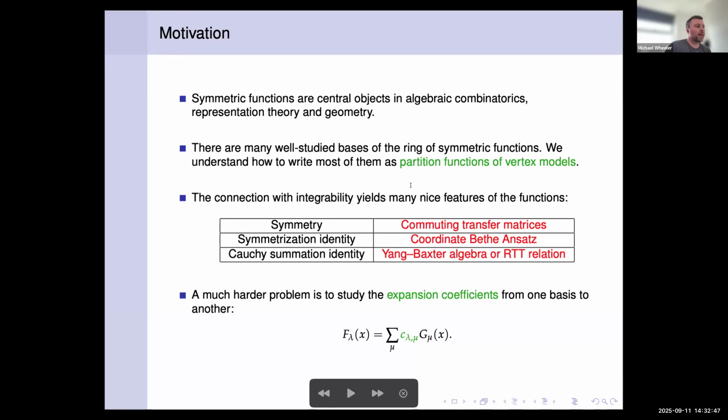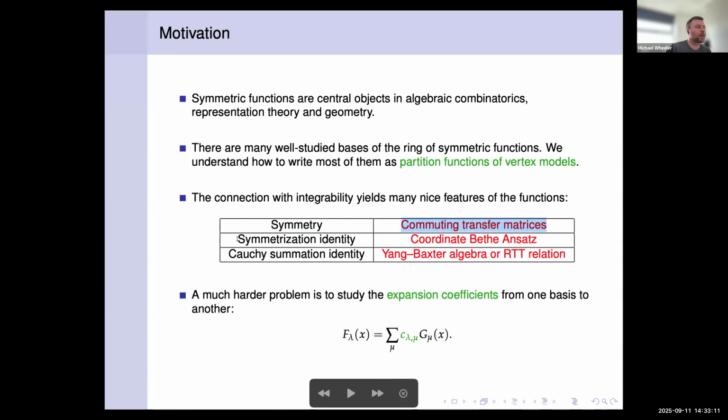When you take your favorite symmetric function and express it as a partition function of a vertex model, a number of properties can arise, which are indicated in this table here. The first thing is that these are supposed to be symmetric functions in a set of variables. At the level of the lattice model, this is nothing but the property of commuting transfer matrices.